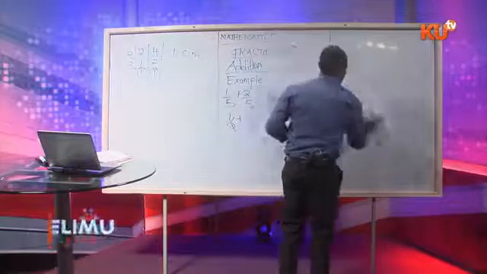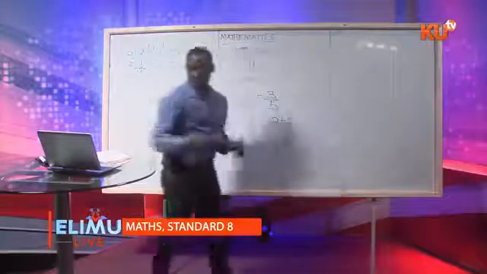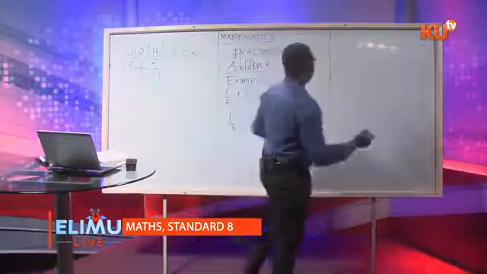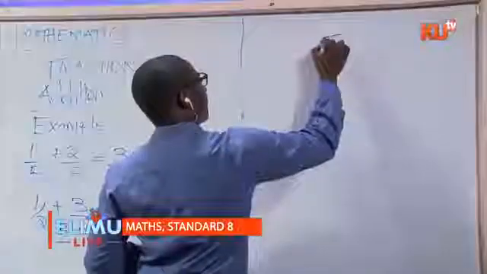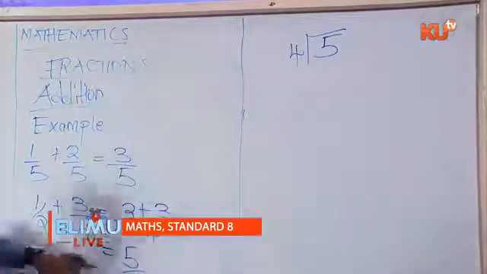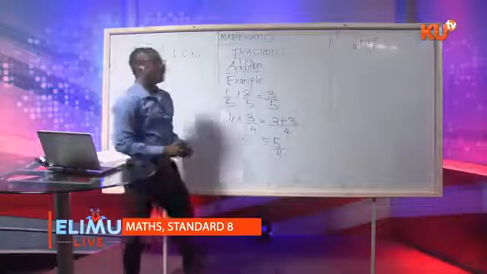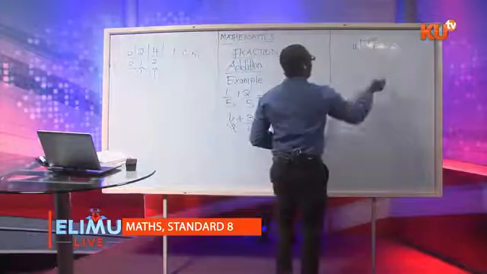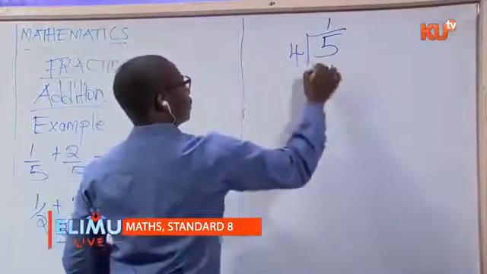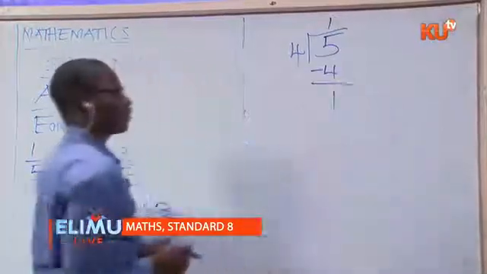So we change 5 over 4, which is an improper fraction, into a mixed fraction. We divide the numerator by the denominator. So 4 divides 5 once, which gives us 4. We subtract, we get 1.